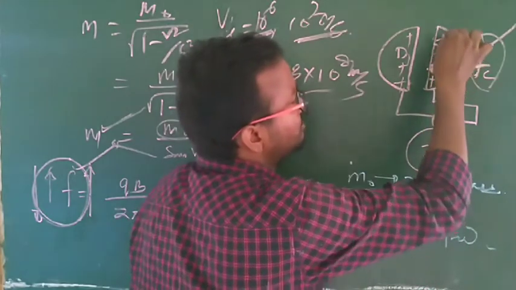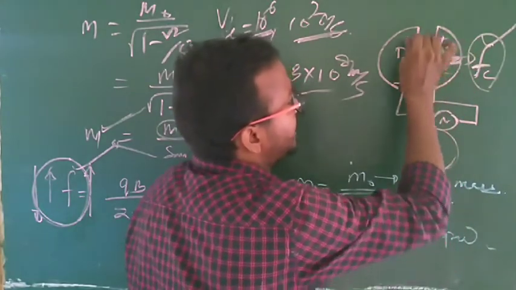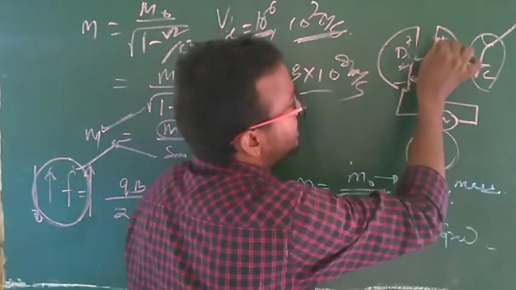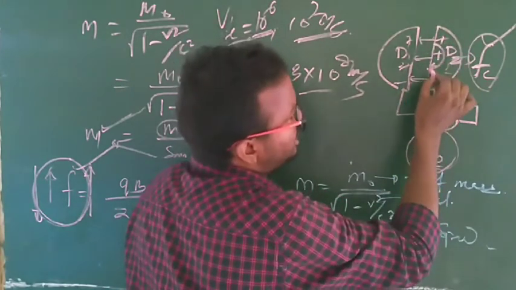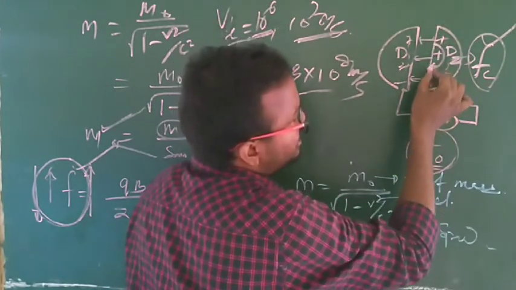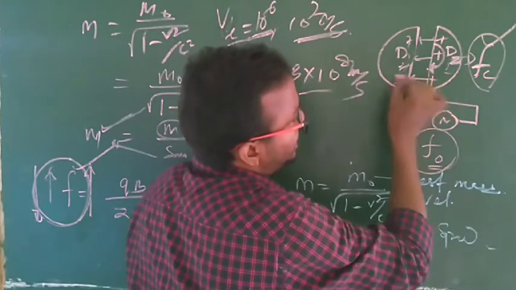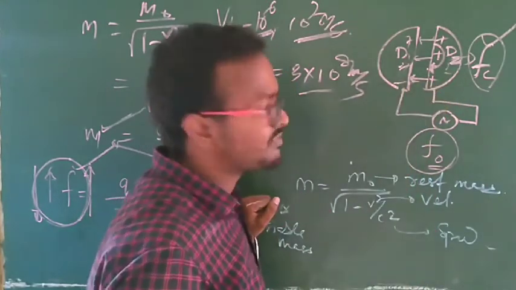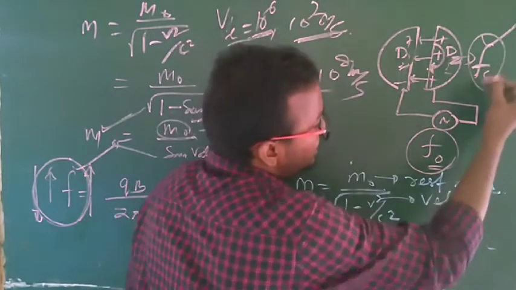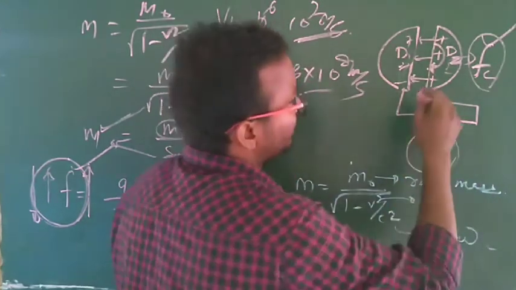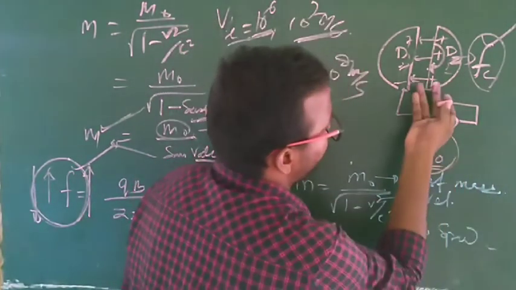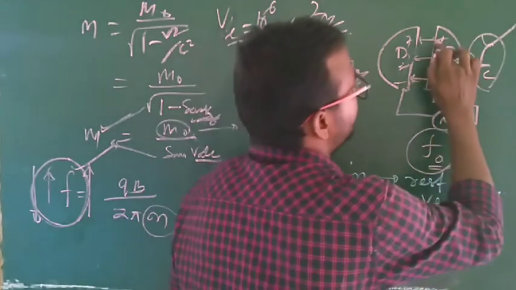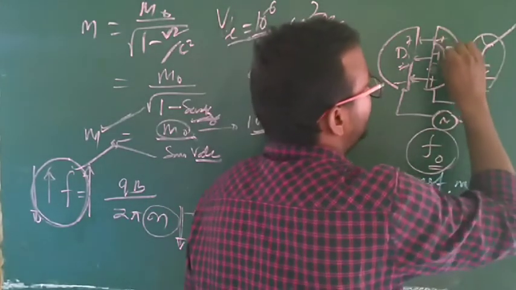This is positive, positive, positive, and here negative, negative. That means this is the direction of the electric field. And now the charged particle enters the electric field along the direction of the charged particle. If this frequency is not matched, that means it changes its polarity plus to minus, but the charged particle is now here.